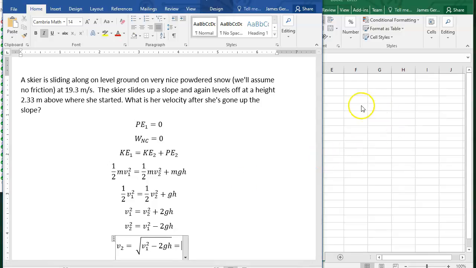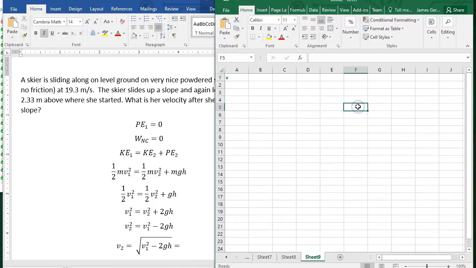Let's go over and calculate some stuff. v1 is 19.3 meters per second, g is 9.81, h is 2.33.